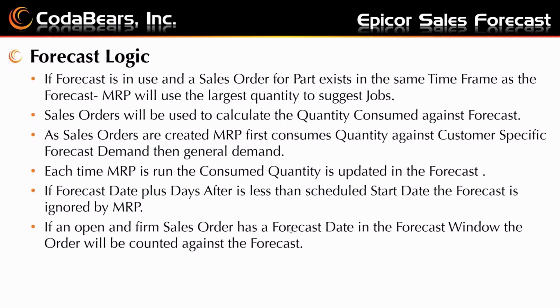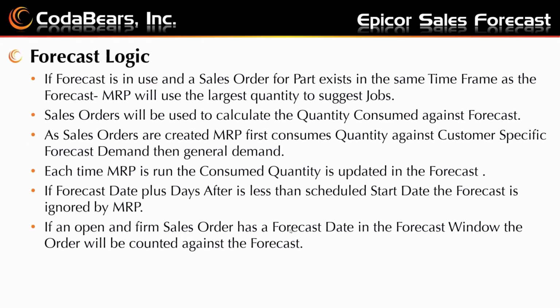And so for the sales orders, MRP first consumes the quantity against customer specific forecast demand and then general demand. So if you've used up all your forecast demand for a specific customer, and that customer orders more, and there's a general forecast that's non-customer specific, it will consume from the general forecast after it fulfills the customer specific. Every time you run MRP, the consumed quantity is updated.